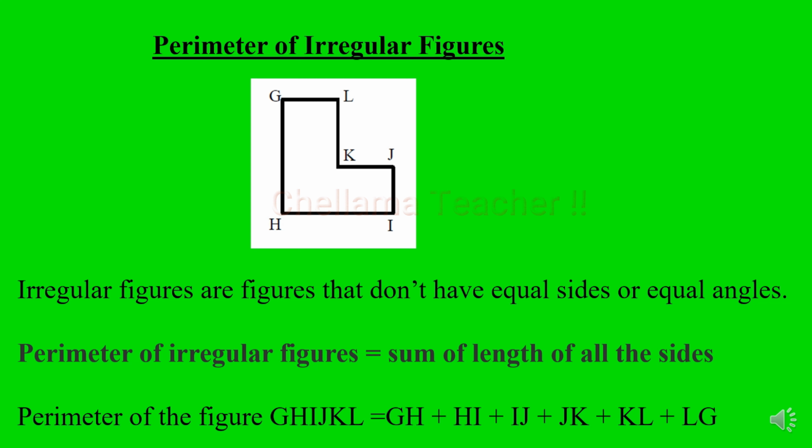Perimeter of irregular figures is equal to sum of length of all the sides. So the perimeter of the given irregular figure is equal to GH plus HI plus IJ plus JK plus KL plus LG.